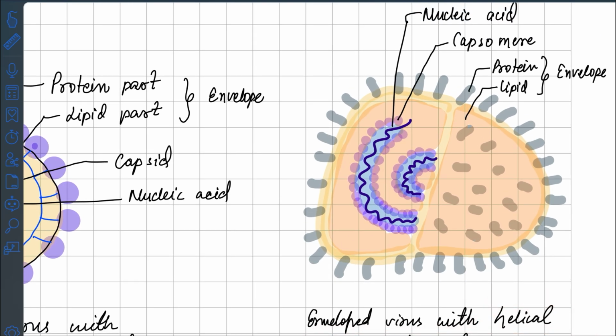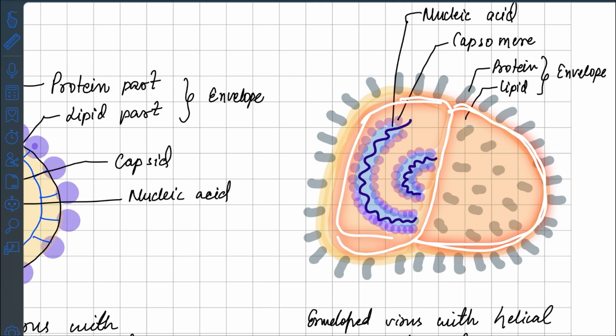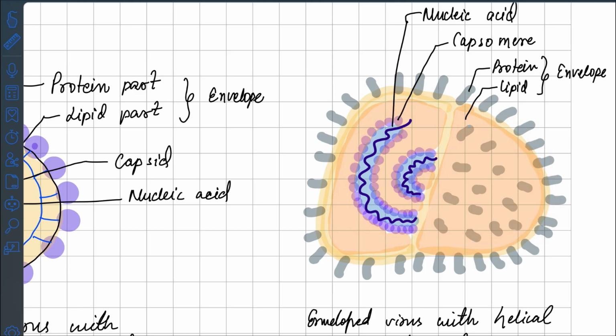This is actually the half part, and imagine this is the covering and this virus is half opened, so it's drawn something like that. This kind of helical nucleocapsid is there, inside which the nucleic acid is present. These are the capsomers, and again here this is the protein and lipid part of the envelope.